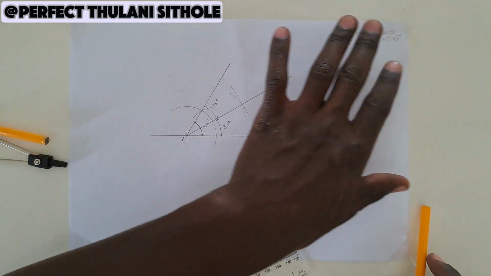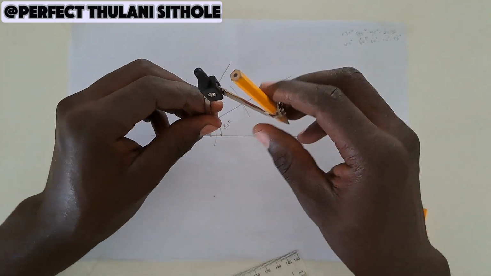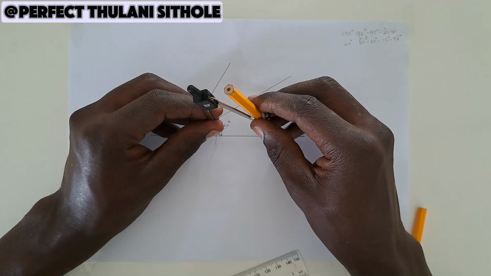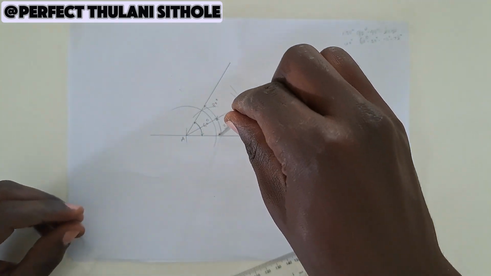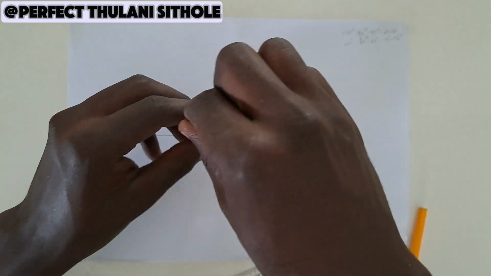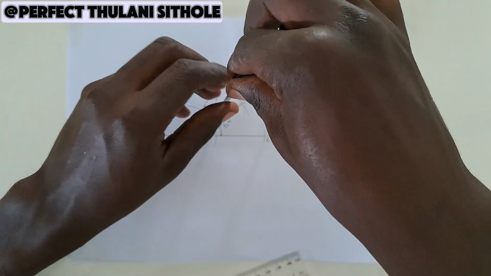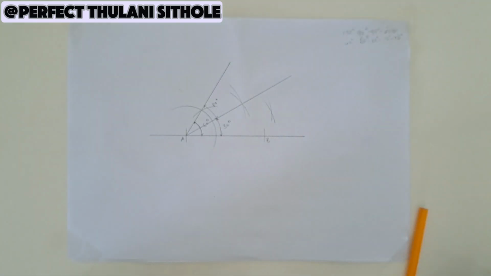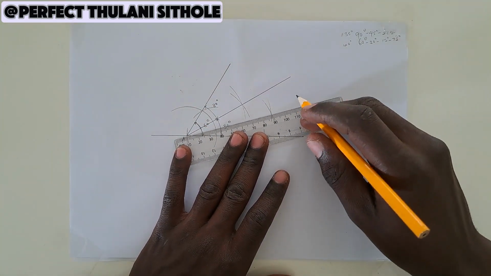To get also the 15 degrees, you bisect 30. So you come here and open up your compass, you draw your arc, you draw another arc, and you join point A and the point where the arcs are cutting each other.